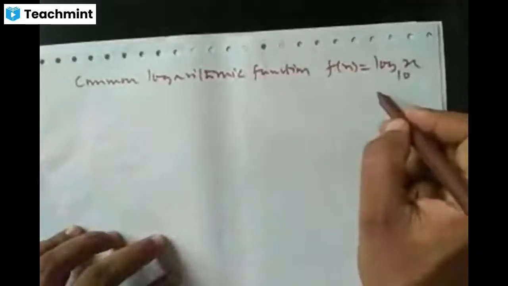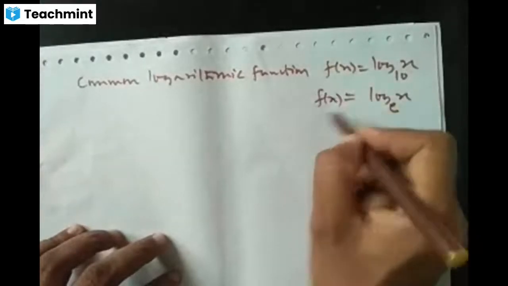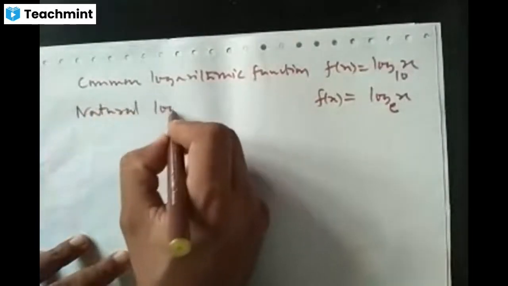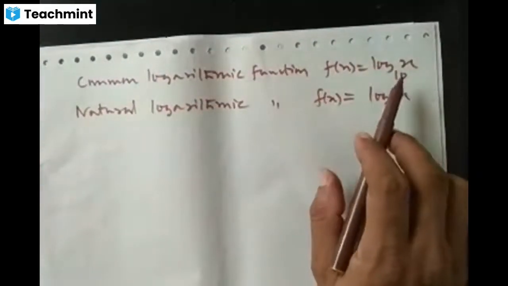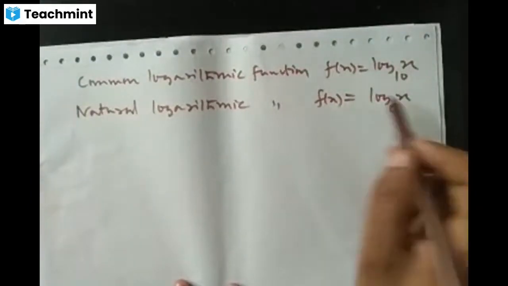Similarly, if the base is e, then the logarithmic function is called natural logarithmic function. Okay, now let us draw the graph of some logarithmic functions.